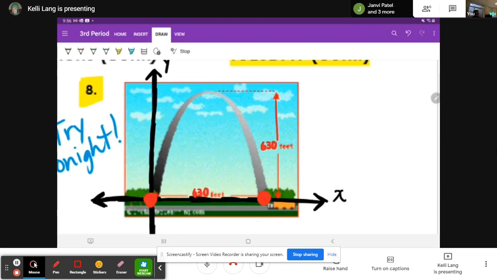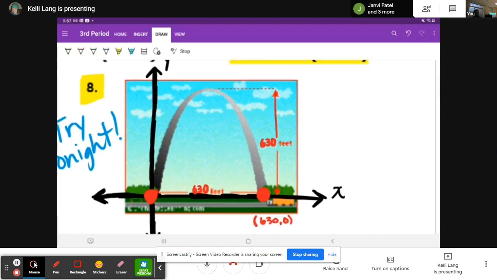So for this intercept, our x value, we're going right from the origin, 630 feet. So our x value is 630, and our y value, we're not going up or down, so our y value would be 0 at this point. So that big red dot represents the point 630, 0.